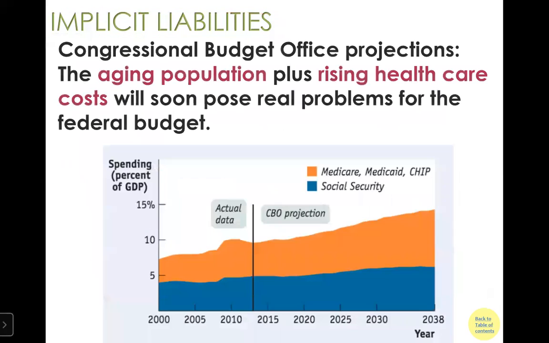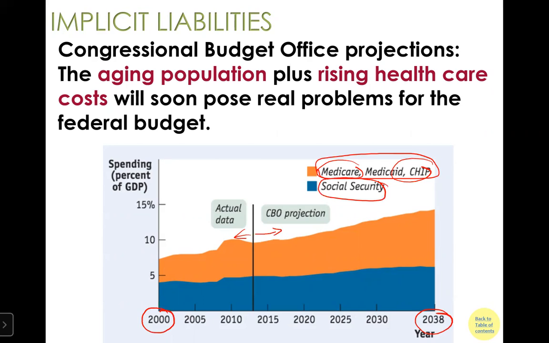And this implicit liability can be enormous in the United States. For example, look at here. We have data from 2000 to 2038. To the right-hand side of this line is just projection. On the left-hand side is actual data. Here we look at Medicare, Medicaid, and the CHIP, essentially insurance for the elderly and for low income, right? And we also look at Social Security.